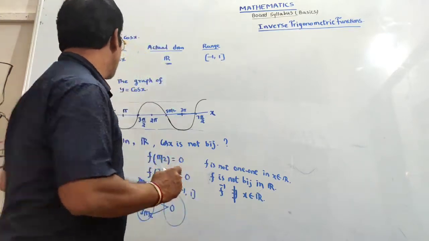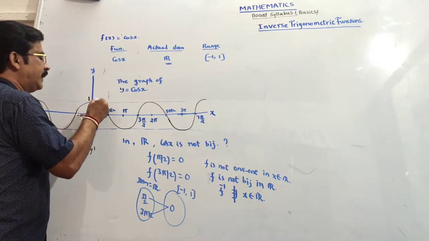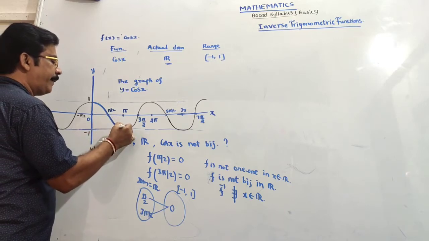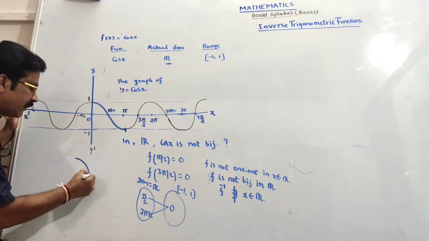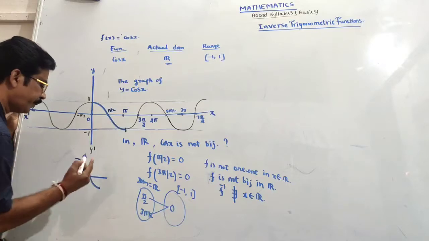Here for cos x, let us consider 0 to pi. In this area, the curve will be like that. So this is the x-axis.